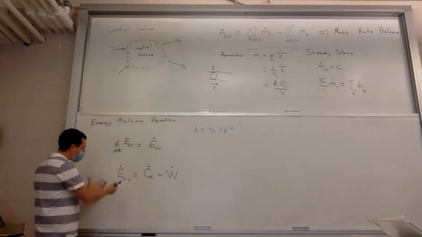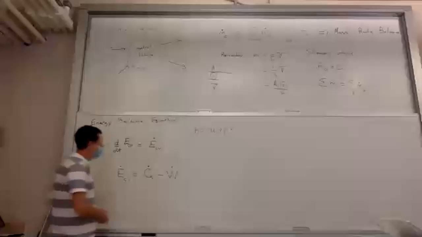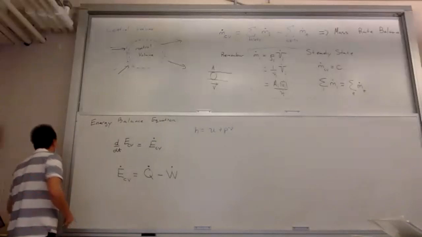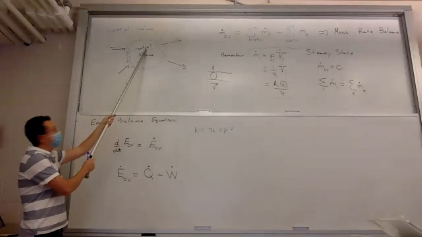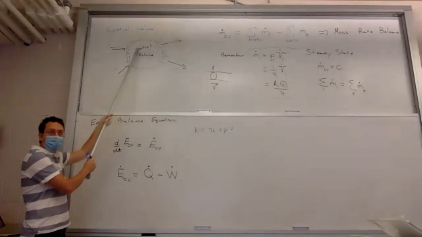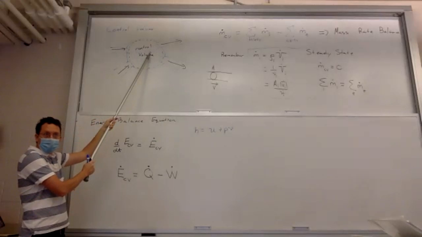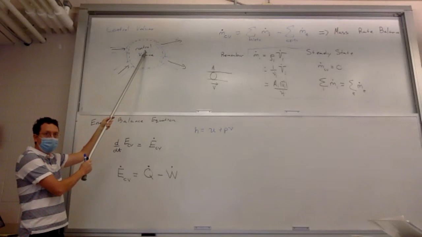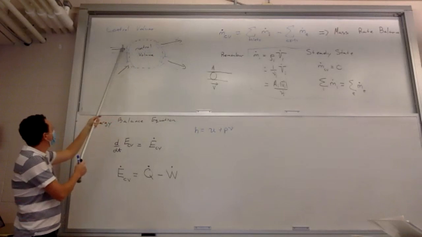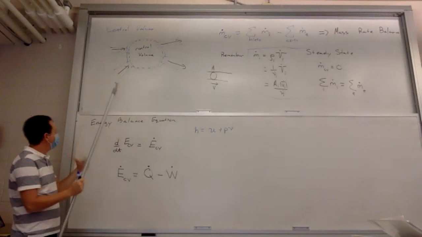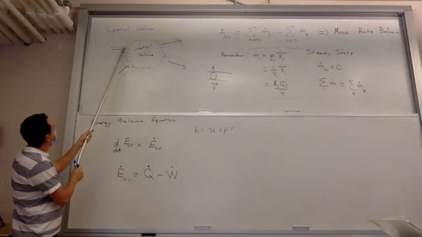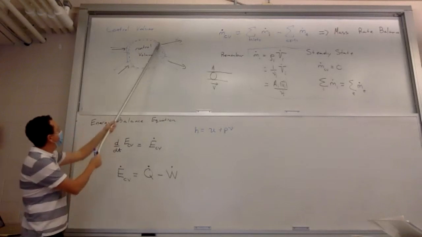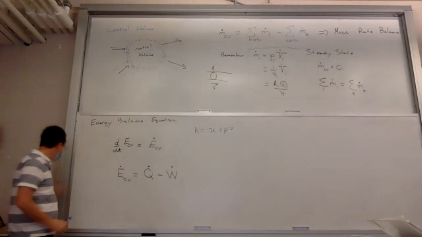Just like I was saying before, a little droplet may wander around a bit, but as long as it stays inside the control volume, it doesn't contribute to the rate of change. So all of the changes caused by the flow of mass are concentrated at the boundary, at the inputs and outputs.